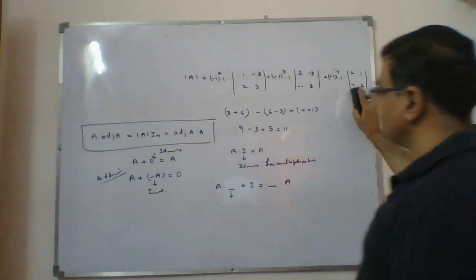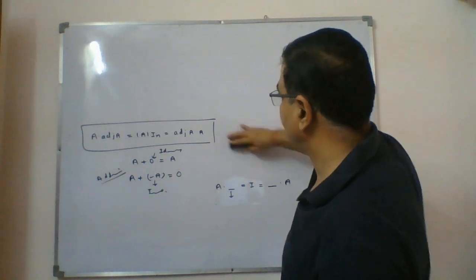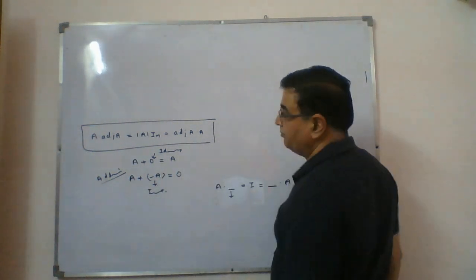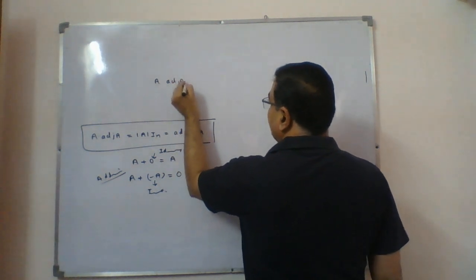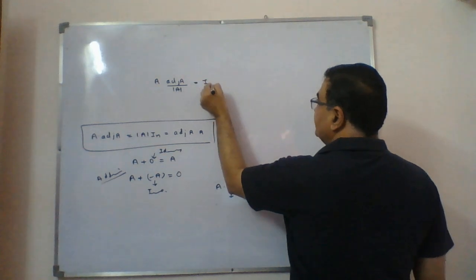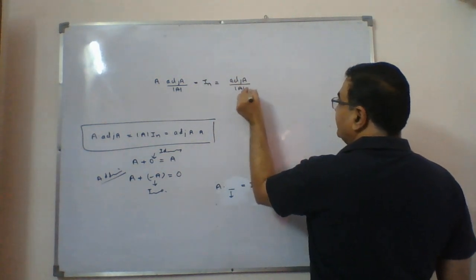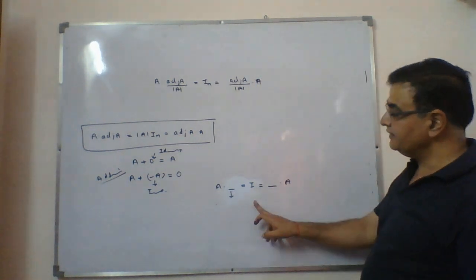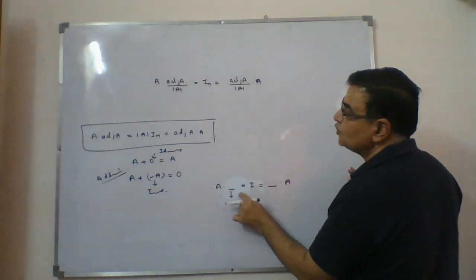Just check here. I told you determinant A is nothing but a number. So if it is a number, I just divide all by determinant of A. So I write A into adjoint of A by determinant A. This gives the identity, and this is adjoint A by determinant A into A. Now is this in the same form? Just check here, A into some matrix.